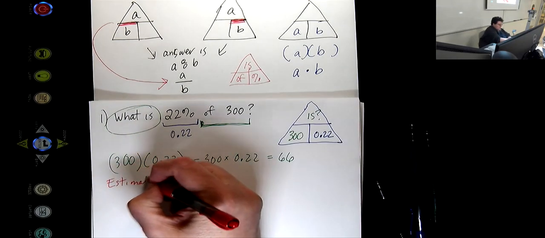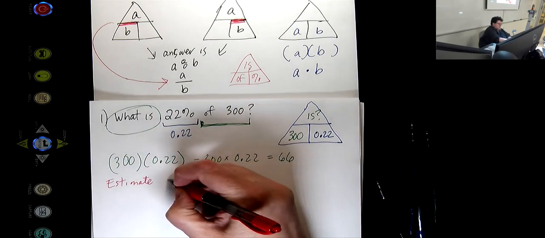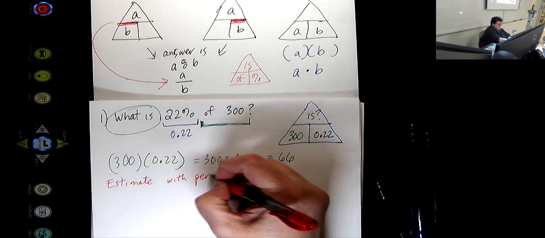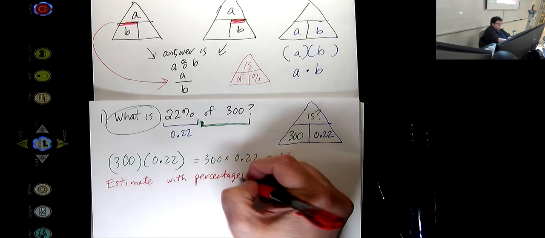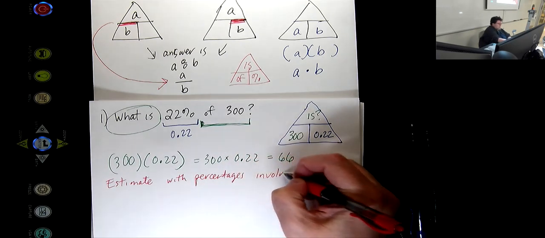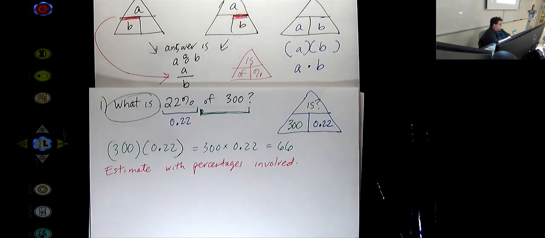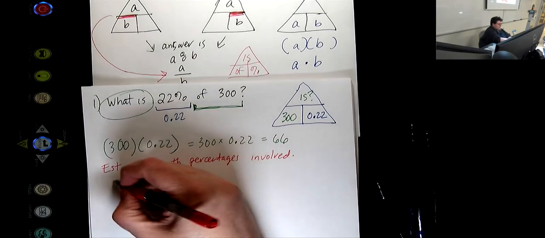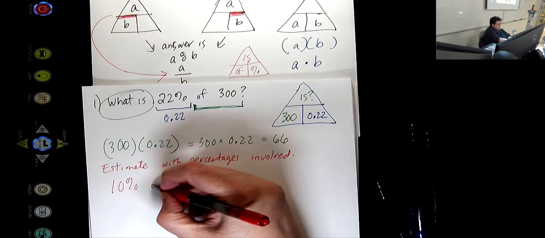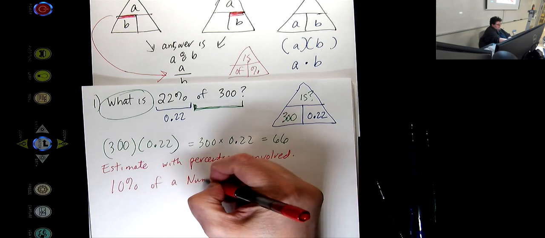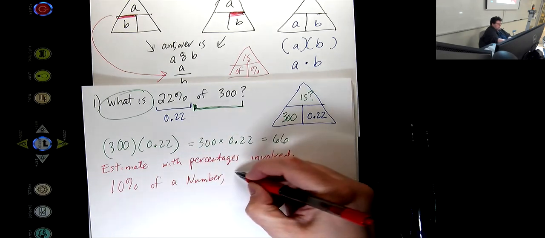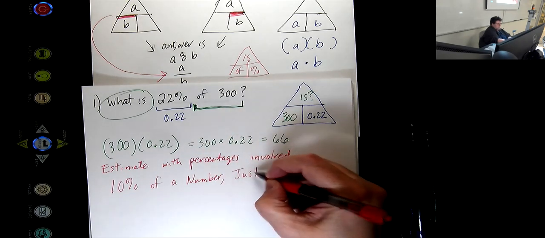I just want to point out how you can estimate with percentages involved, because this is probably the most useful thing you'll take in this percentage section. Everything else is calculator work. If I do 10% of the number, just chop off the last digit.